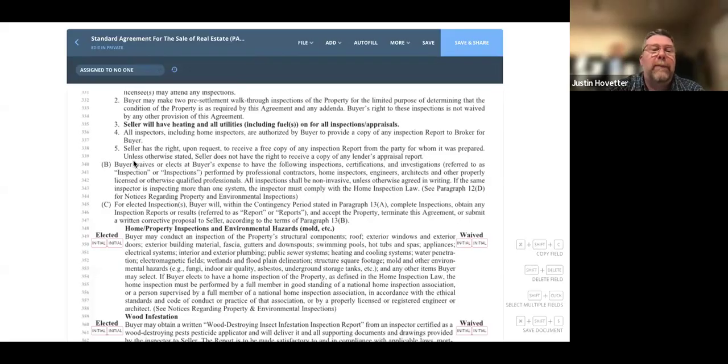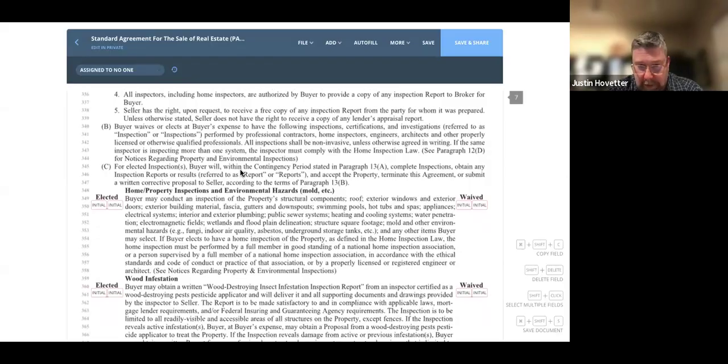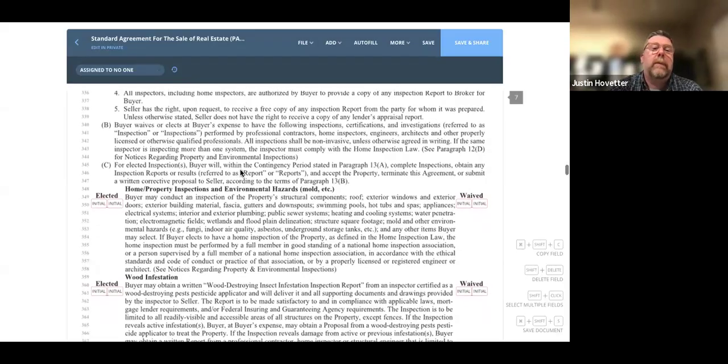However, the purpose of this is it gives us, as the listing agent, as the seller, the black and white written authorization to receive that copy directly from that vendor if it hasn't been provided. That does not extend to appraisals.